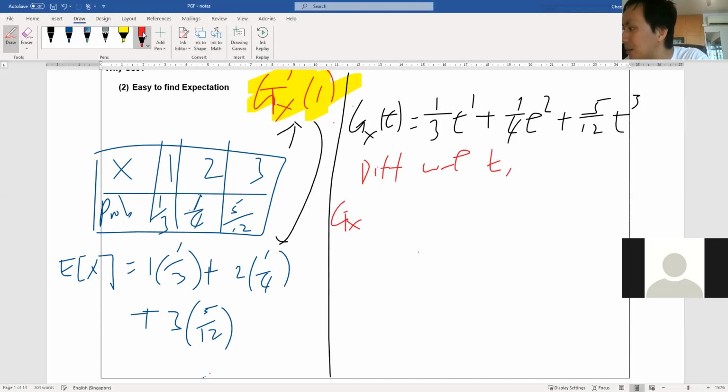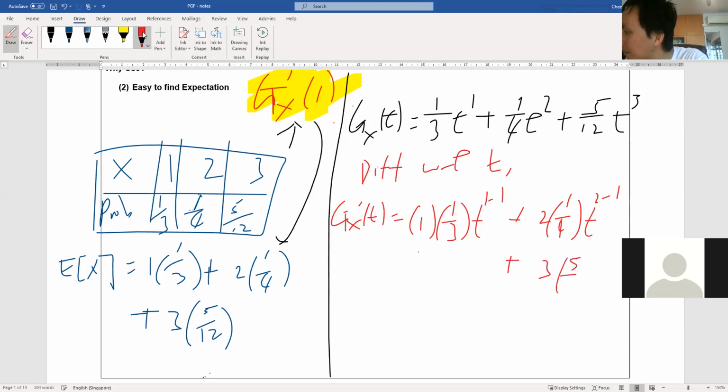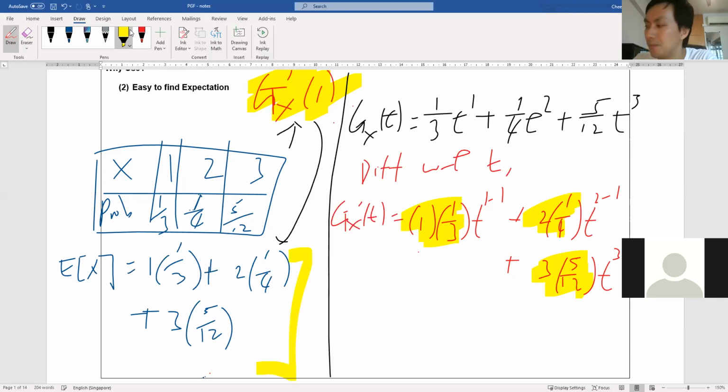So Gx prime, differentiation means the power comes down, then subtract 1 from the power. And the mechanism of doing this creates the sum product between powers, that is outcome, and probability. Correct? You can see that the mechanism of this is exactly these things here.